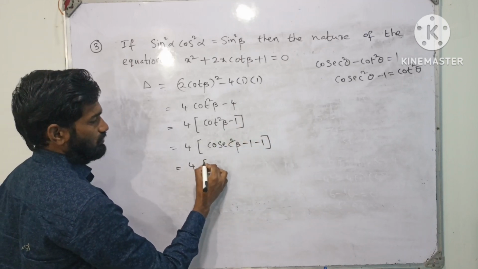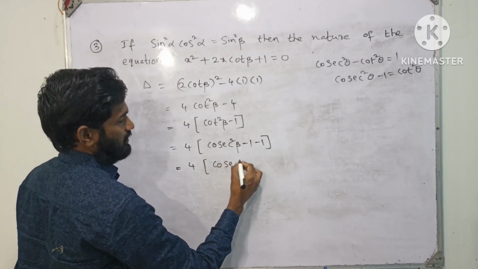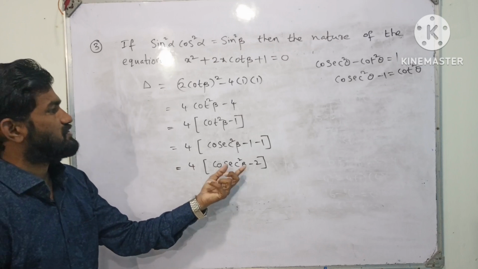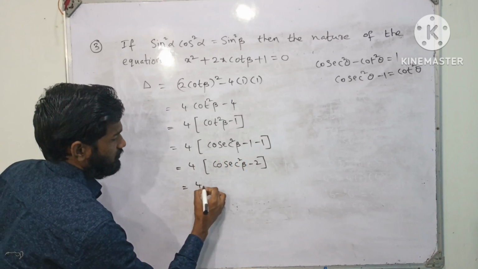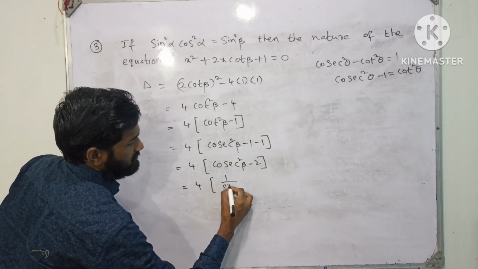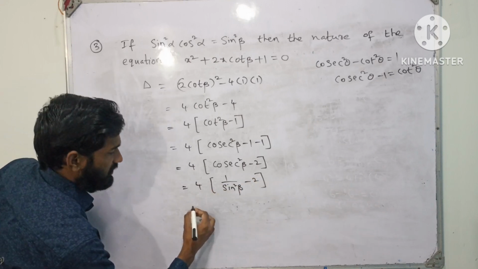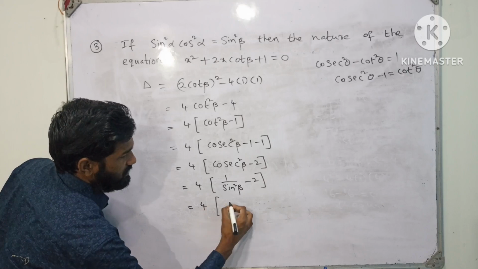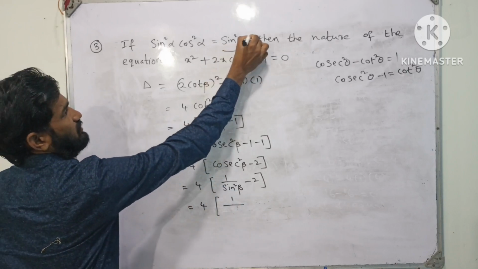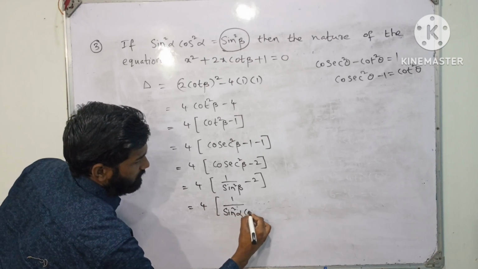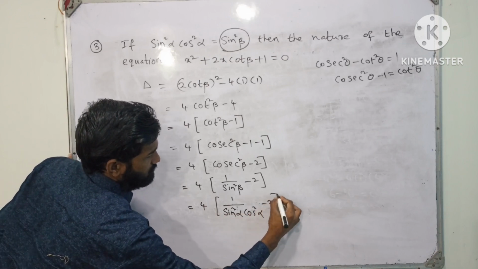Now 4 into cosecant square beta minus 2. In place of cosecant square beta, I am substituting 1 by sine square beta, so we can write 1 by sine square beta minus 2. Now in place of sine square beta, we can substitute sine square alpha into cos square alpha, which is minus 2.